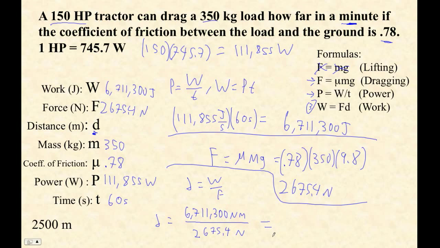Okay, so answer A was my answer before, divided by the answer that I just got. And I get 2508 meters.522, which is 2,500 meters, right? We only really have a couple digits here, right? So about 2,500 meters or 2.5 kilometers. All right.